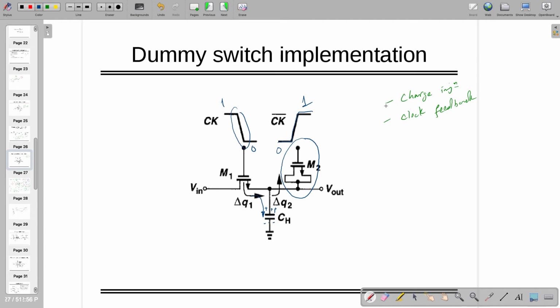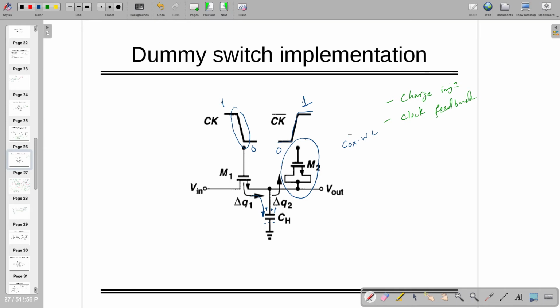When it's going from 0 to 1, this MOSFET is coming into strong inversion, or it is going to give you the equivalent of Cox capacitance. If you want to find the exact number, it's Cox times W times L.